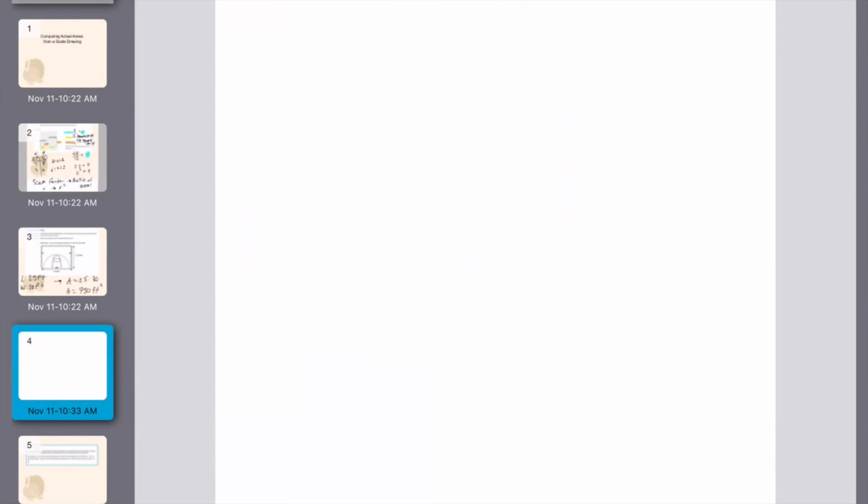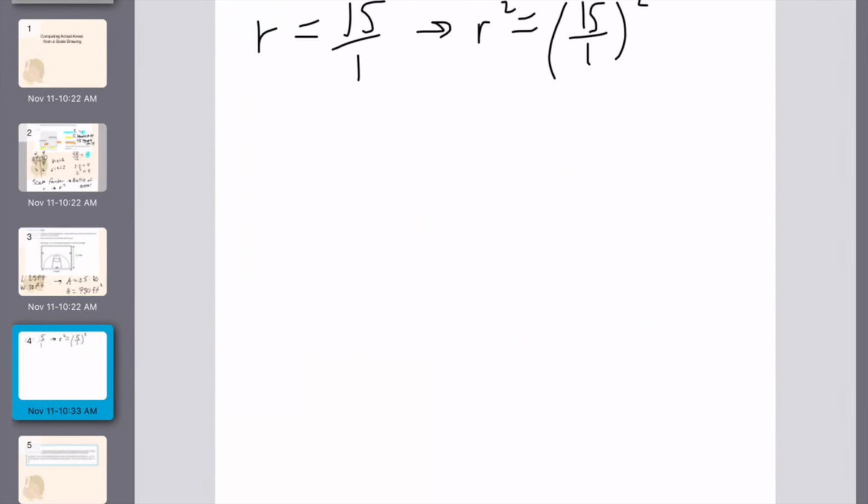So the first thing that I need to do is I need to find essentially my r squared value. So I take my r value, my scale, which I know is going to be 15 over 1 based off of the information that they gave me. So my r squared, or the value of my ratio of areas, is going to be 15 over 1 squared, which is equal to 225.